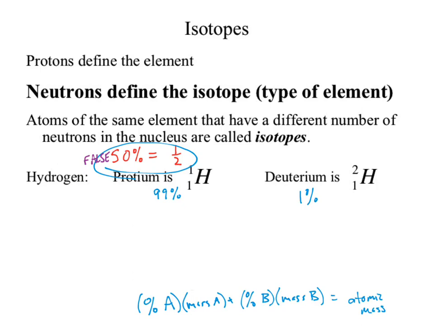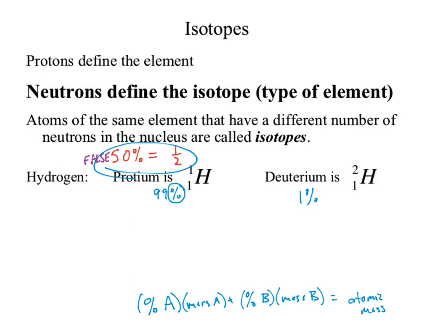So if we set this up, we get 0.99. Why 0.99 and not 99? What does that percent mean? Close, more literal. Per-cent being century, 100.